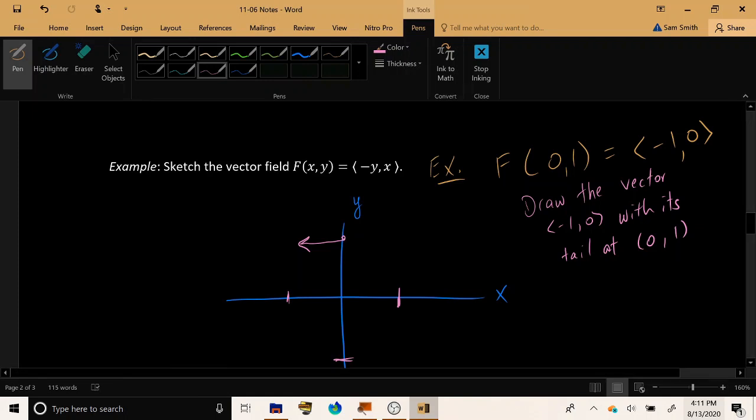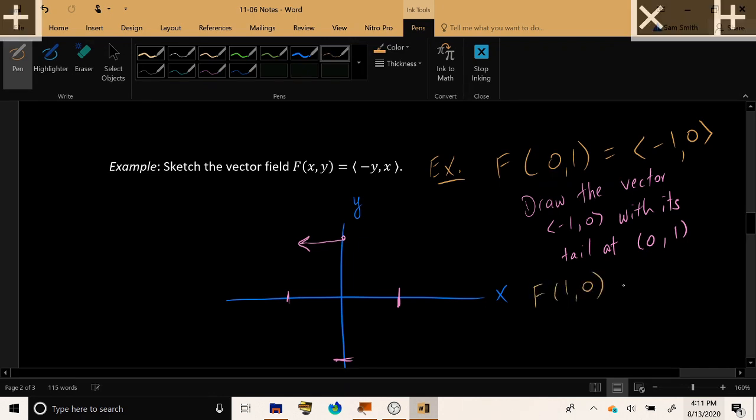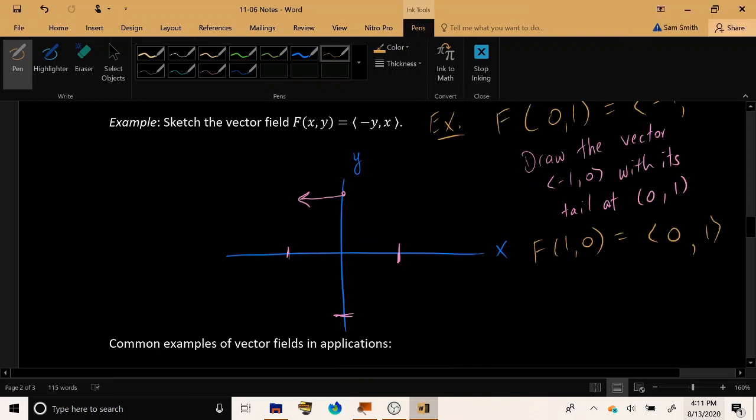Okay, let's try another point. Let's consider what happens if we plug in the pair 1, 0 to this vector field. If the first coordinate x is 1, then that becomes a 1 in the back coordinate, and the y of the input is 0, which means our negative y will become negative 0, or simply 0.